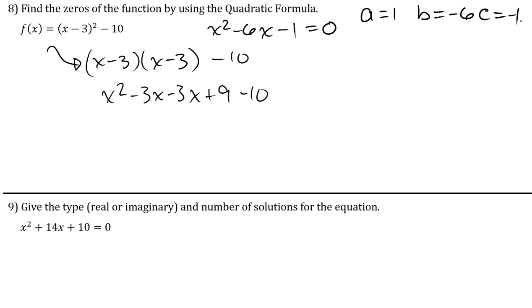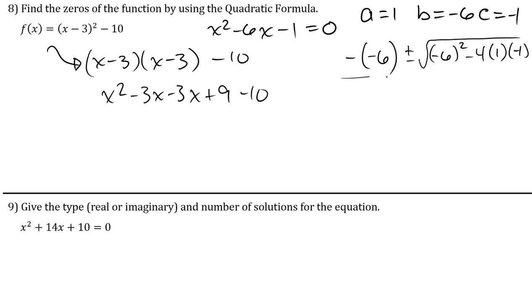So if I'm plugging into the quadratic formula, I've got the opposite of b. b is negative 6 currently. So I've got the opposite of negative 6 plus or minus the square root of b getting squared, minus 4 times a times c. Beautiful. And I'm going to divide this entire thing by twice a.